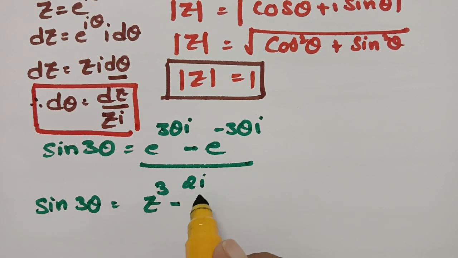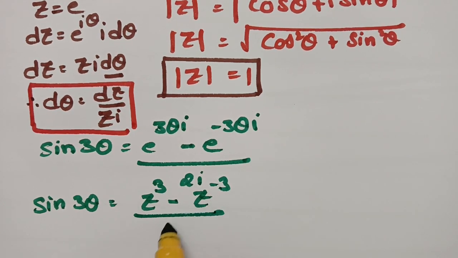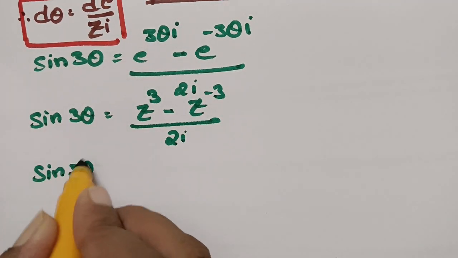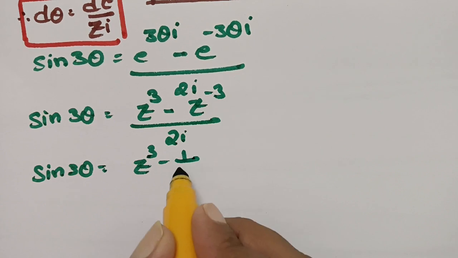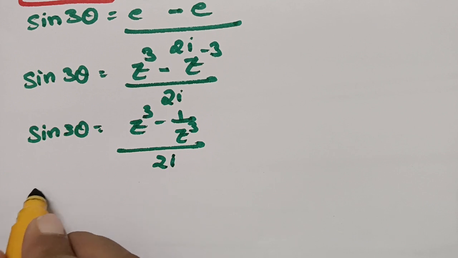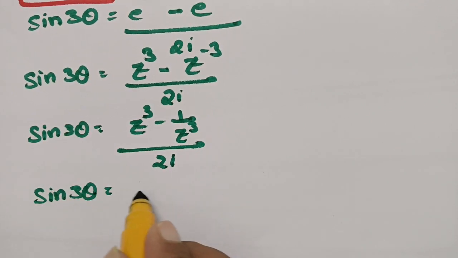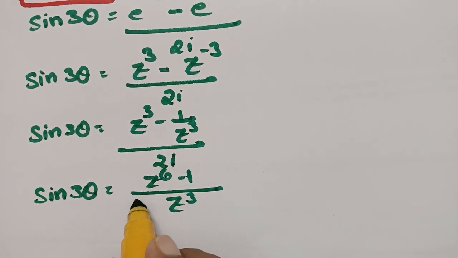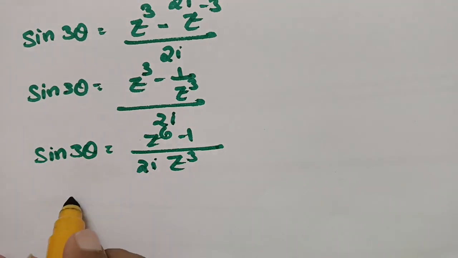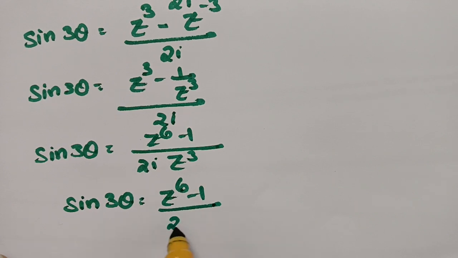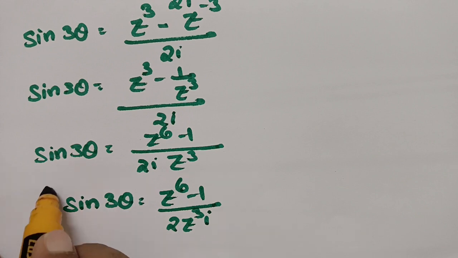So sin 3 theta is equal to z cube minus 1 by z cube, by 2i. If I take z cube as the LCM, this will be z power 6 minus 1, again by 2i. Therefore sin 3 theta is equal to z power 6 minus 1 by 2 z cube i. So this is our sin 3 theta value.